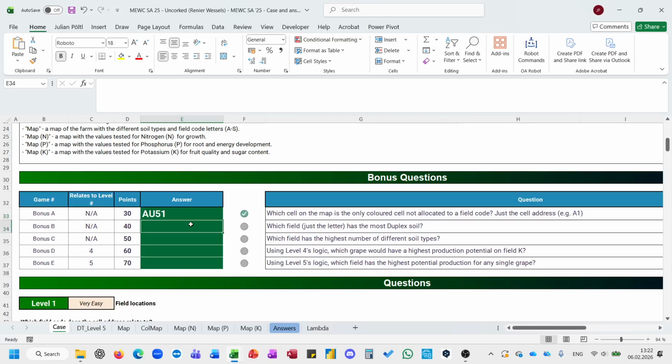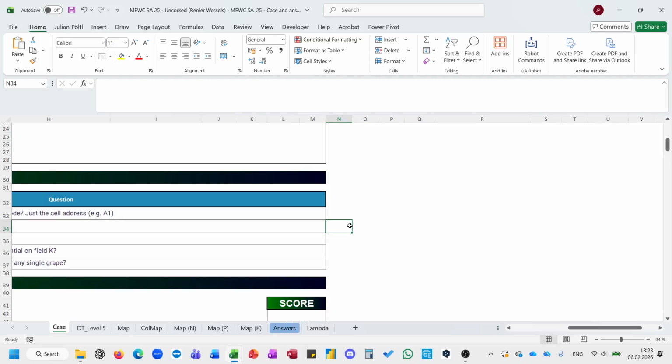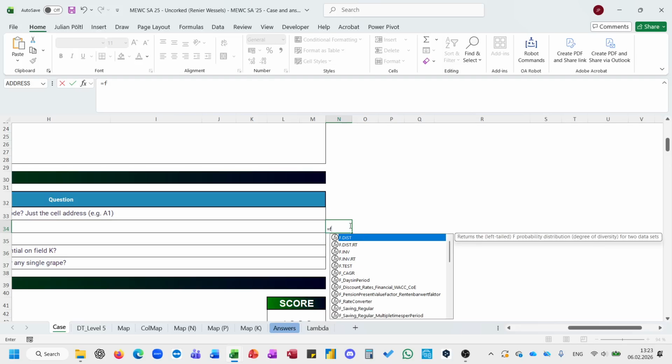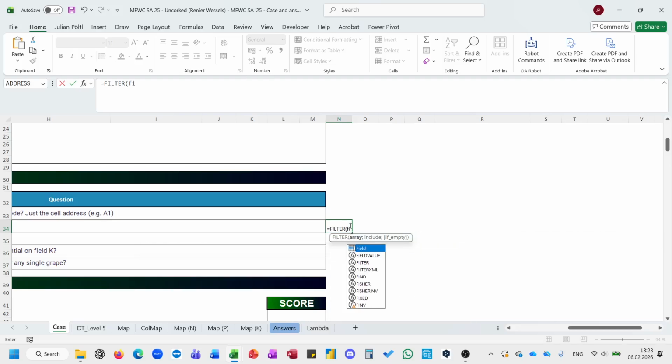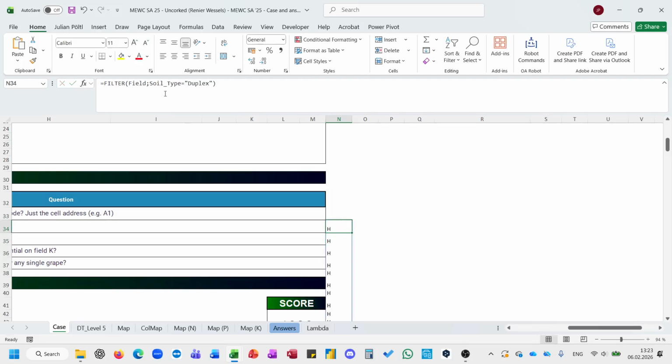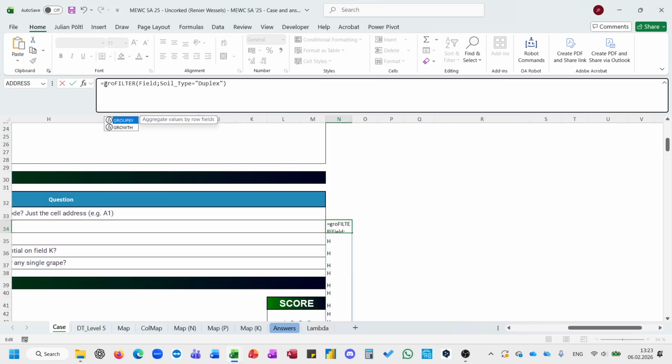Which field, just the letter, has the most duplex soil? Most duplex. Filter, field, soil type equals duplex. And then I know we could also do this in a single group by function.